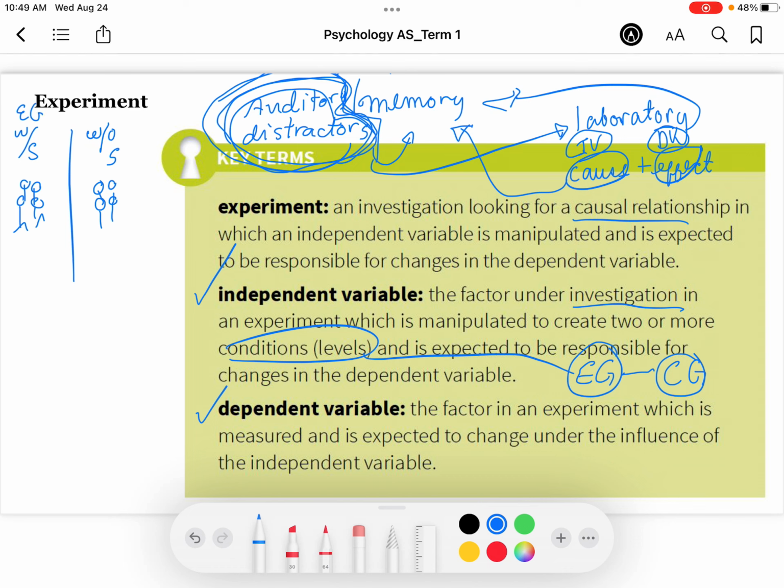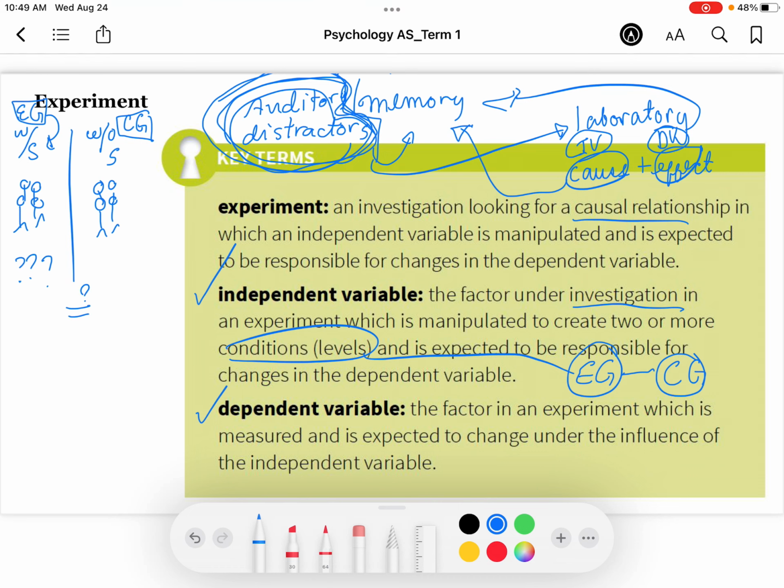Now we know that this is the experiment group because this is where we created or manipulated the variable or the IV by adding sound, and then we're finding out how they perform. The control group, you can imagine this is the boring group, right? So here they just took the test. No sound, no distractor.